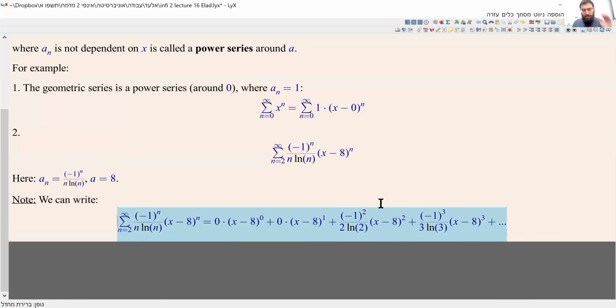So every power series can be started, if need be, from 0.